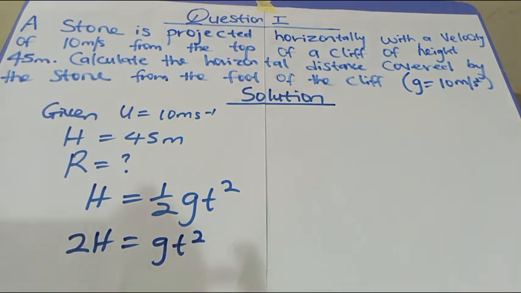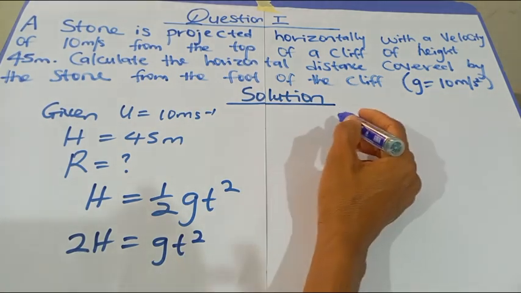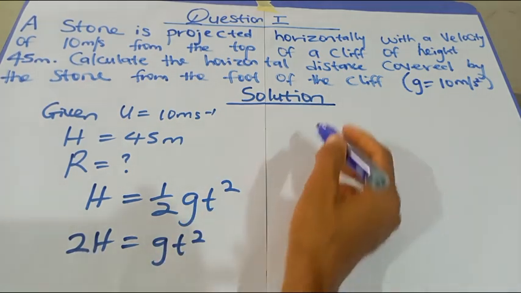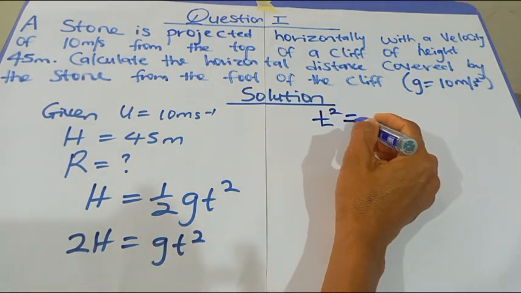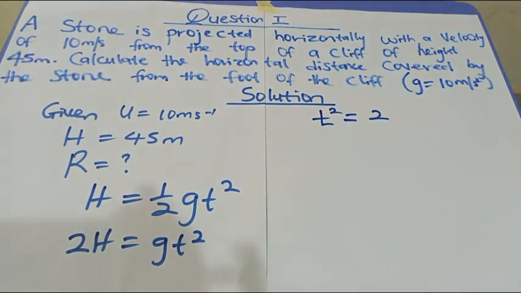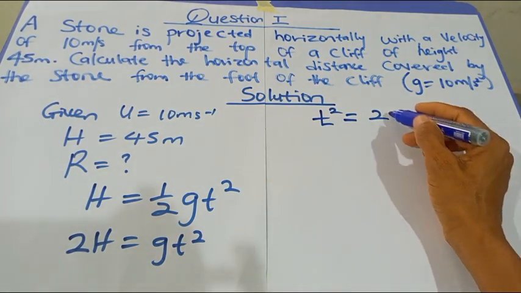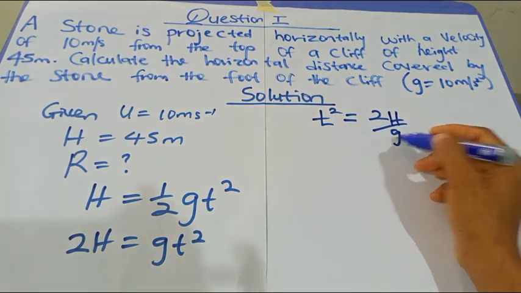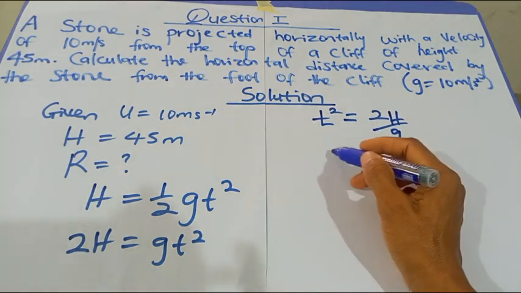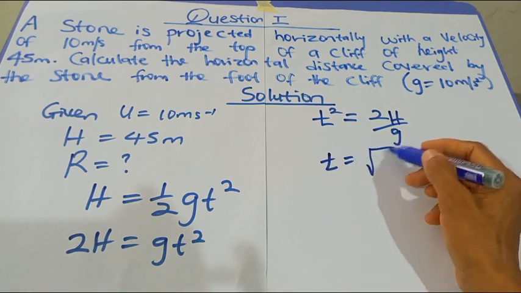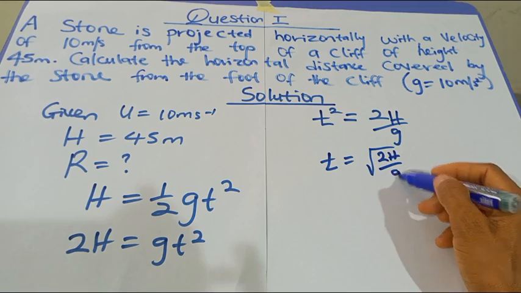So we divide by g, so that t squared is equal to 2h over g. Therefore, t will be square root of 2h over g.